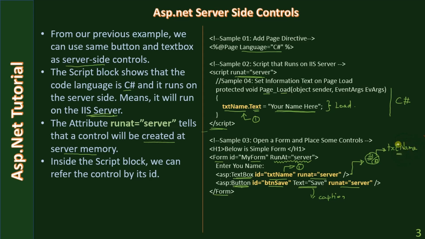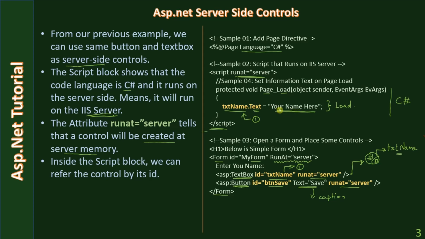So it's a normal C# text box control, and whatever property you can use with the C# text box control, the .NET control will mimic the same in-memory control. So you can access the Text property and set text to the txtName.